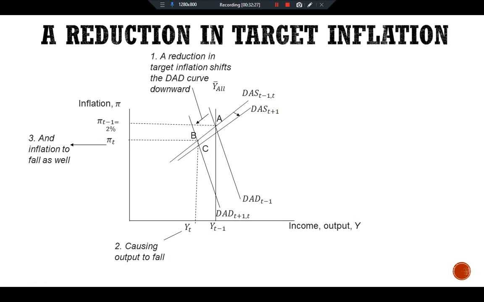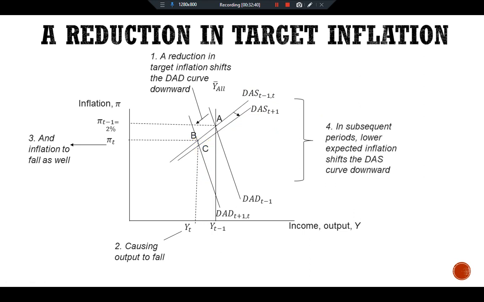So this new supply curve will intersect the new dynamic demand curve at point C. Okay, as in a subsequent period, lower expected inflation shifts the dynamic aggregate supply curve downward. At this point the new dynamic aggregate supply curve is now this.